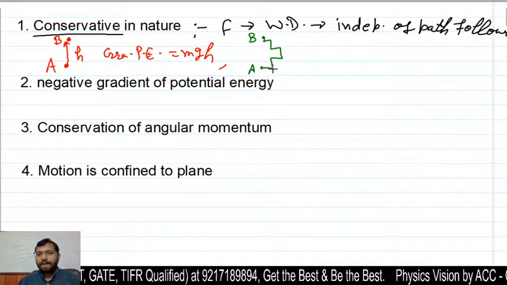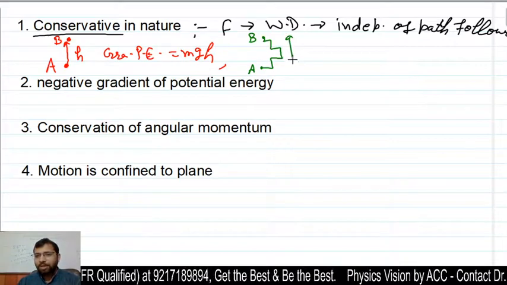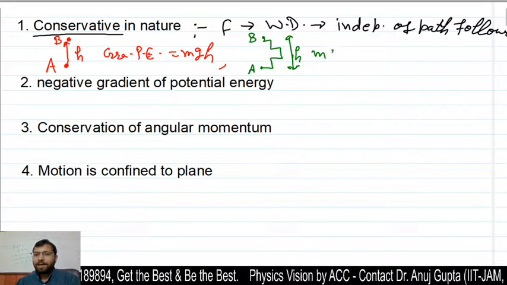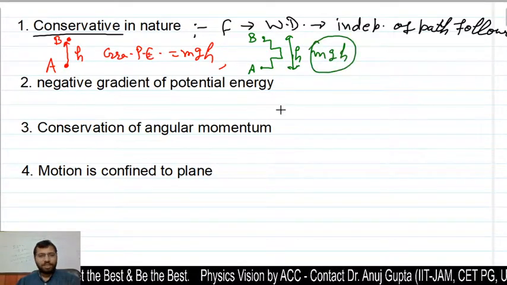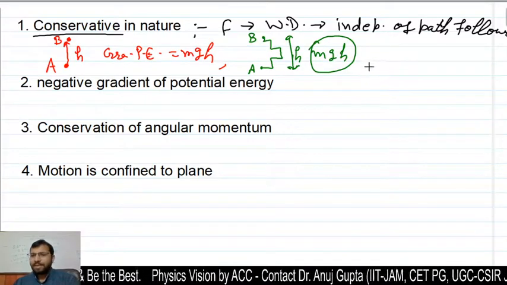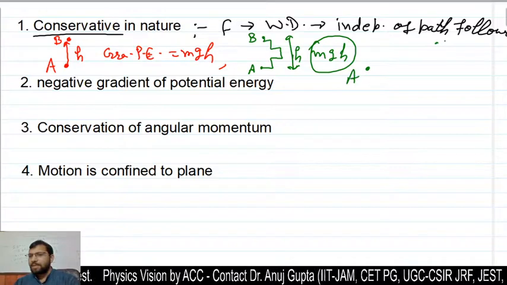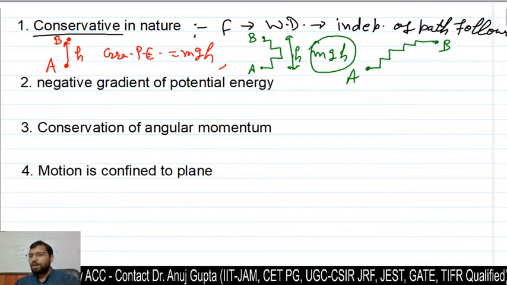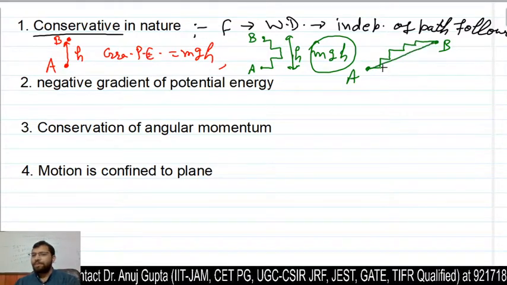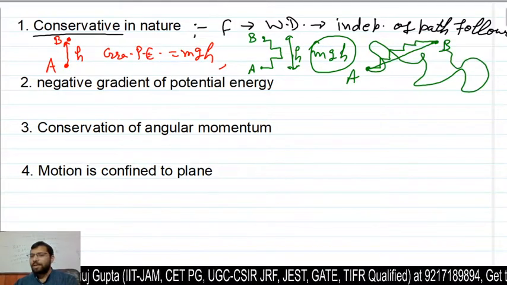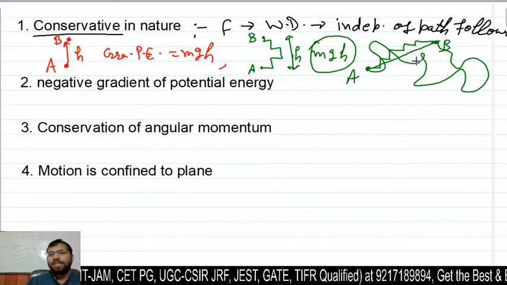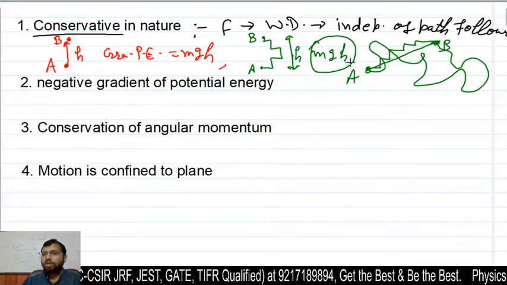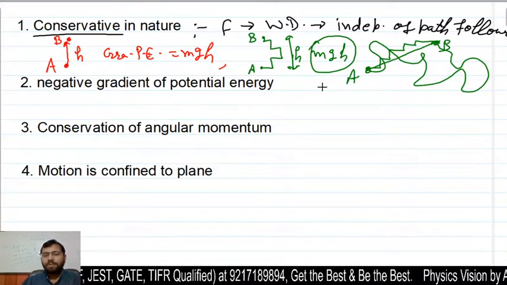The height traveled is the same; the distance is more but the displacement is this same height. So what will be the potential energy value? It will be mgh. Similarly, whether we go in this way, or we go from A to B directly, or we go in this way, the gravitational potential energy in going from point A to B is mgh in each and every case. So it is independent of the path followed.